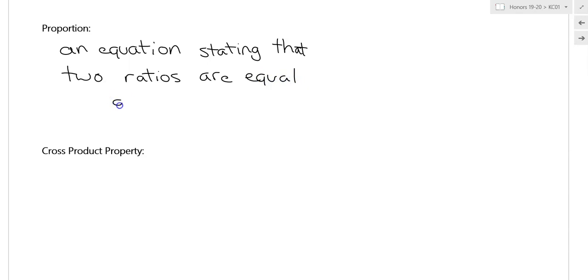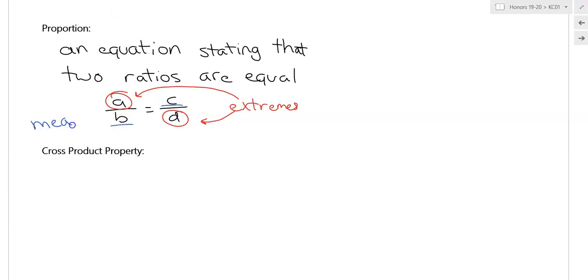So for example, I could have A to B is equal to C to D. In these equations, A and D are what we call our extremes. C and B are what we call means. Okay. So extremes are like, if you think of it reading down and then down, these are on the outside and these are on the inside.